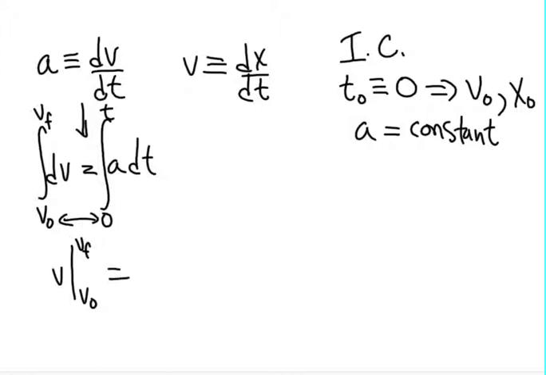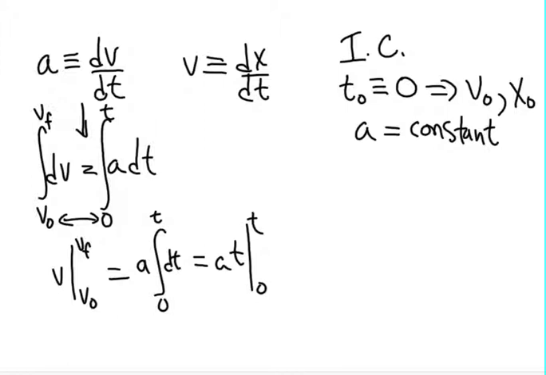Over here, this right here is a constant, and constants we can take outside of the integral. So that's just a times the integral from 0 to t of just dt. And again, that is just integrating a differential. So this is just equal to a times t evaluated at the 2 limits.